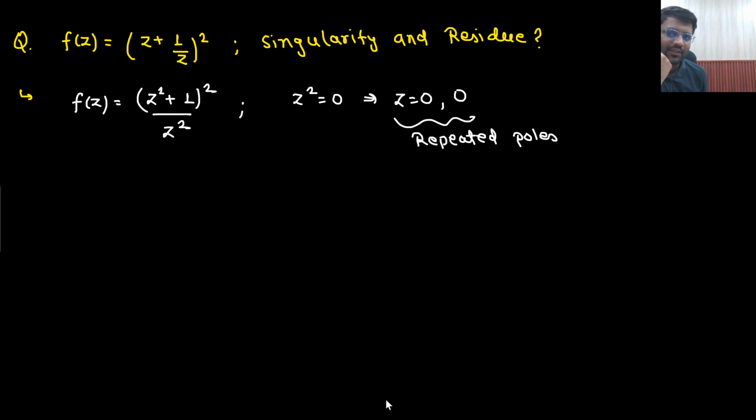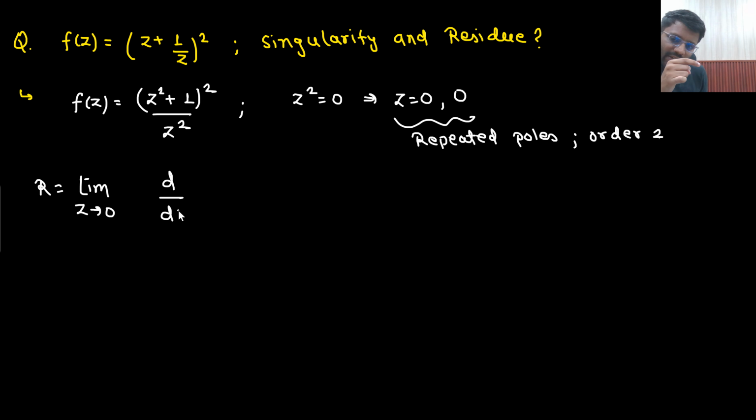Understandable? And what is the method for repeated poles? So what is the residue? Residue would be limit z tending to 0. What will I do now? Whoever is creating the problem, remove that. But since it is repeated of order 2, since it is repeated twice, I will have to differentiate it one time. After removing this factor, whatever I am left with, I need to differentiate one time and then divide it by 1 factorial.